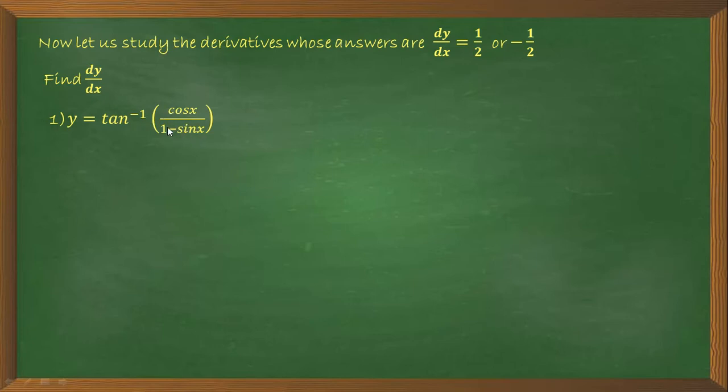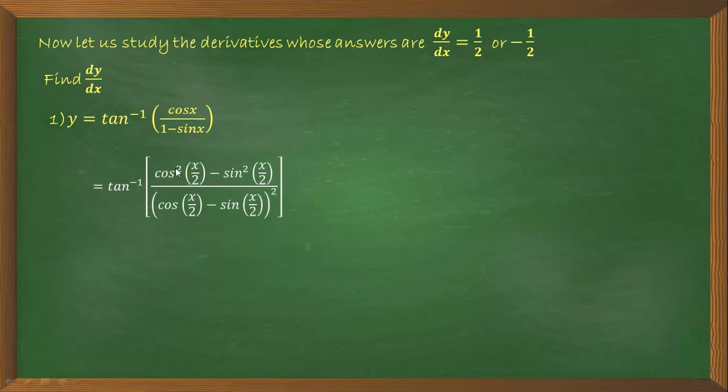Now this trigonometric part we have to simplify. So cos x upon 1 minus sin x, we will use the formulae for simplification. Here we know that 1 minus sin x is (cos x by 2 minus sin x by 2) bracket square. And cos x, how will you replace cos x here?